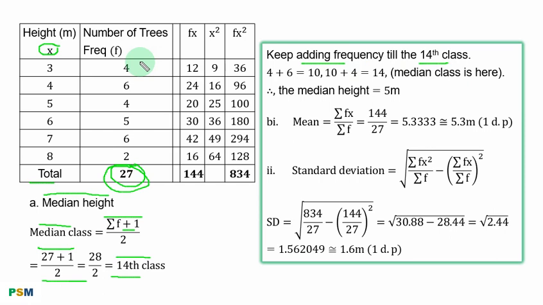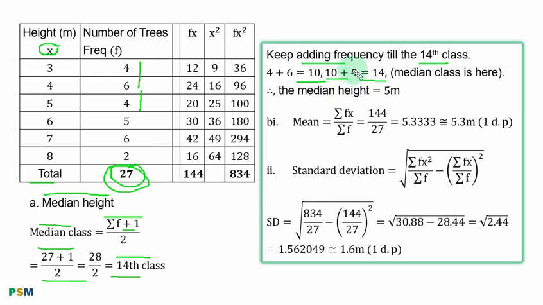You add the first 2. 4 plus 6, that is 10, not 14. You add the third one. 10 plus 4 equal to 14. Median class is here.